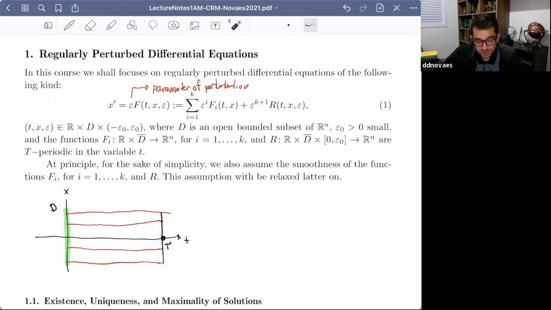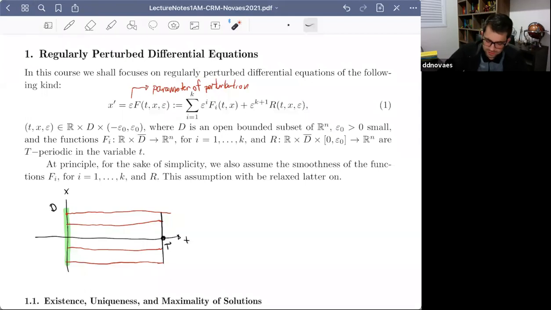When epsilon is distinct from 0, can I detect any periodic solutions? Do some of the periodic solutions persist? That is the main goal of this course: to investigate conditions on the perturbations in order to have periodic solutions when epsilon is distinct from 0.